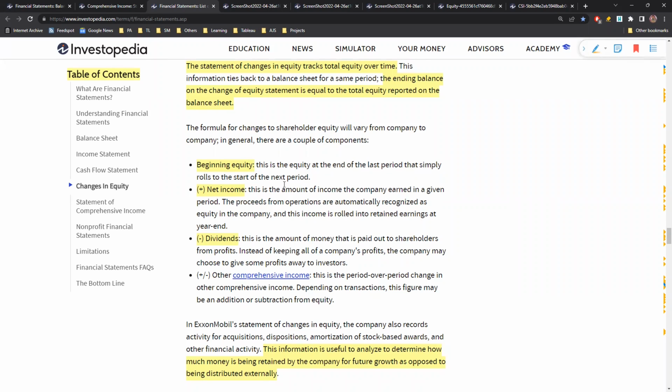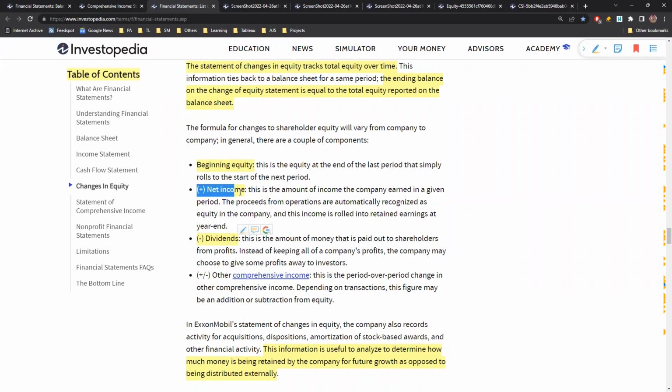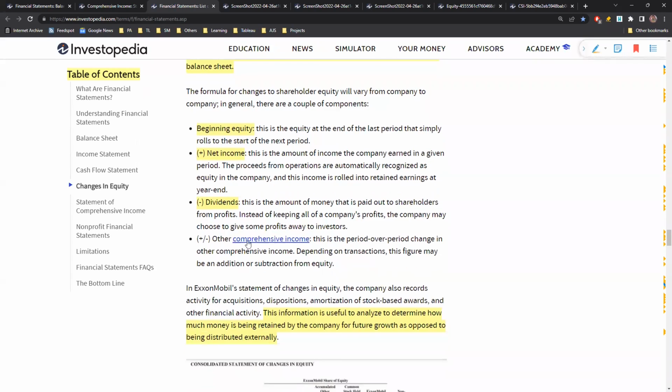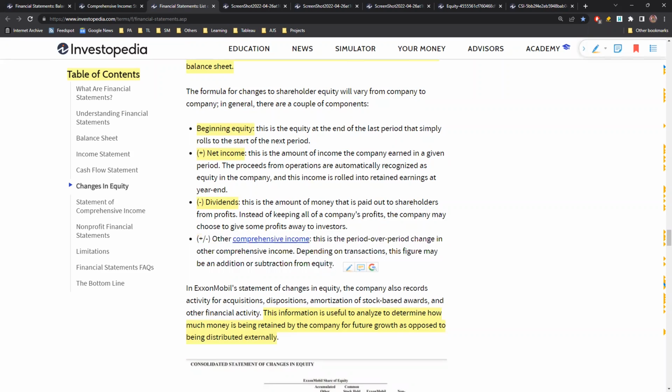And after that, for the next year, 2022, they take the net income gained for that particular year and add it. If they have paid any dividends to shareholders, they will remove that. And the comprehensive income that we were just seeing, if you have gains from there, they will add it; if you have losses from there, they will subtract it.